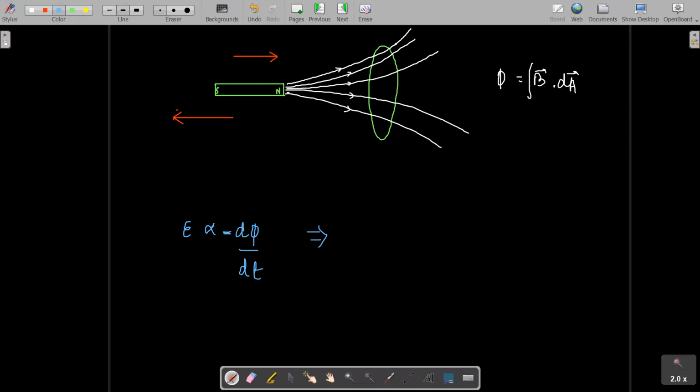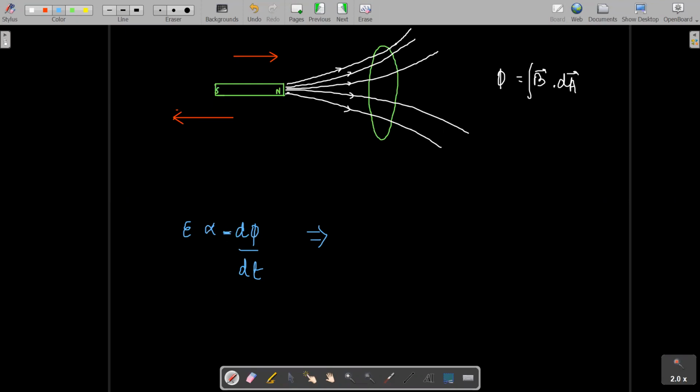But we also study one more law, which we call Lenz law. Lenz law gives us the direction of EMF induced.